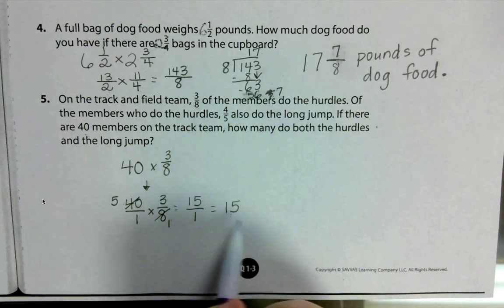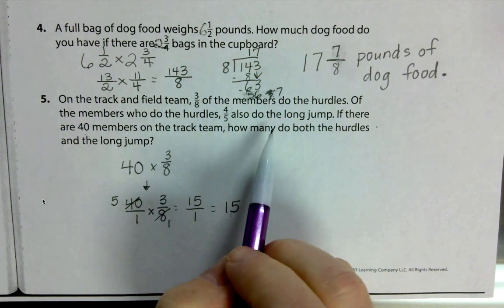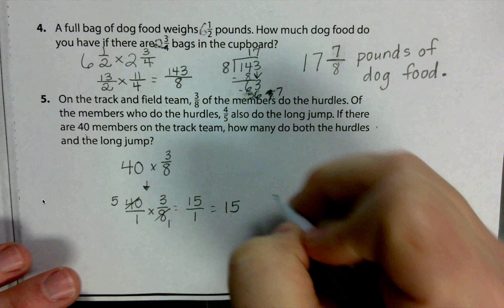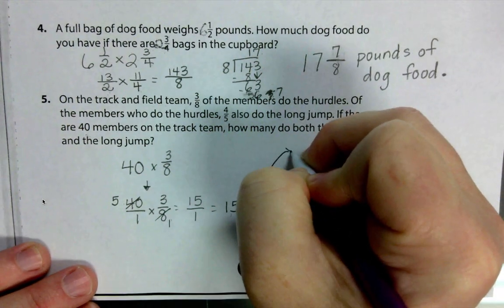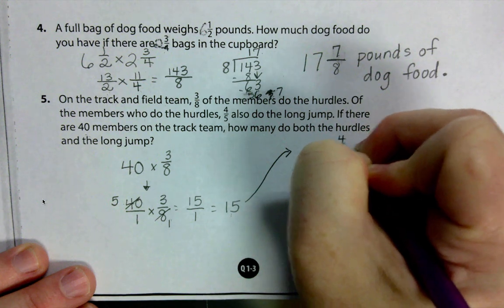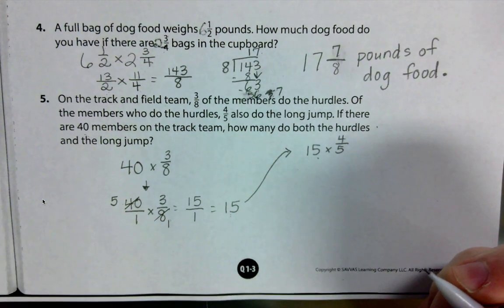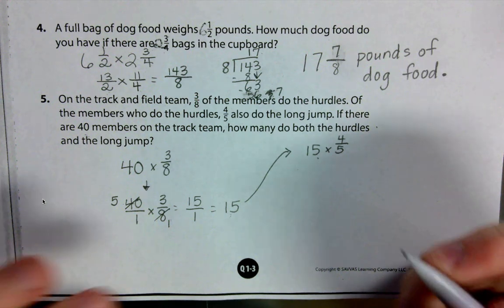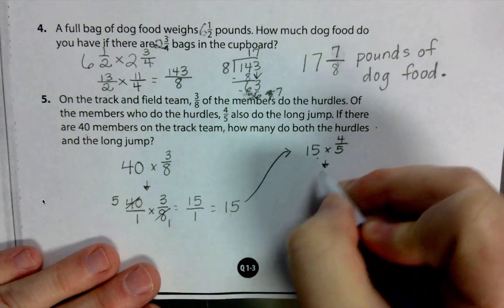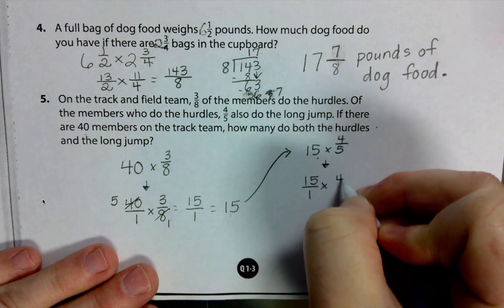Of these 15 members, of the members who do the hurdles, 4/5 also do long jump. So now, this is why we've got to get both parts right. 15 times 4/5, because 4/5 of these 15 people who do hurdles do the long jump as well. So again, rewriting 15 over 1 times 4 over 5.